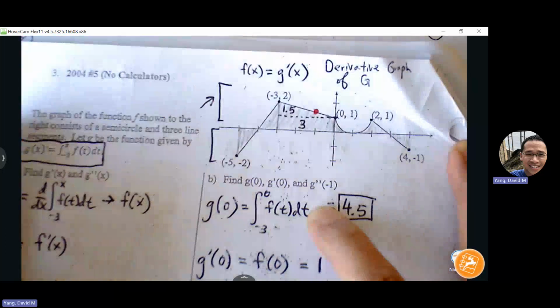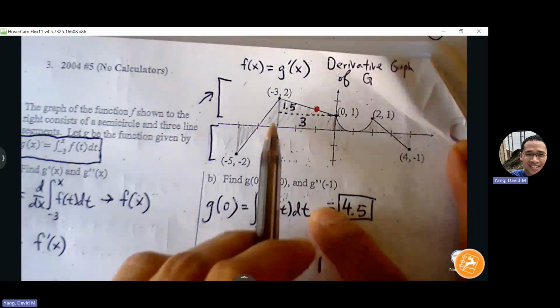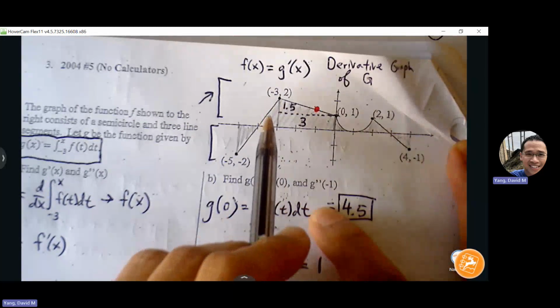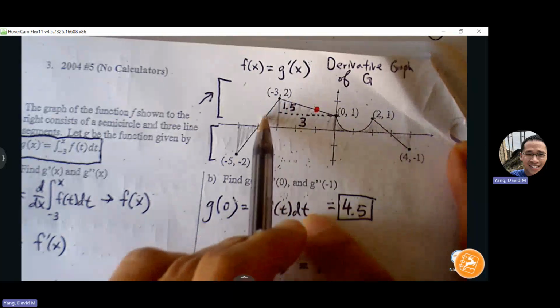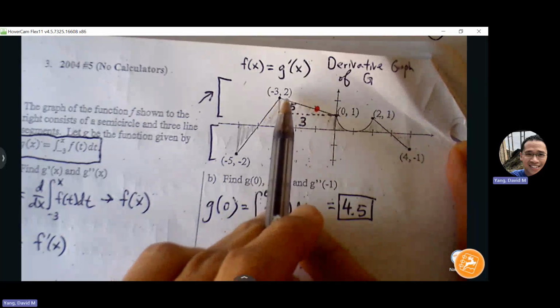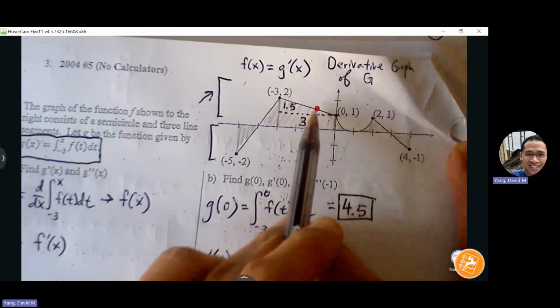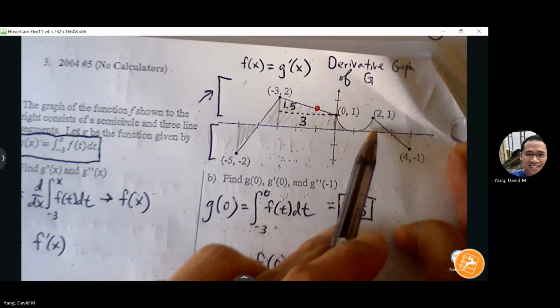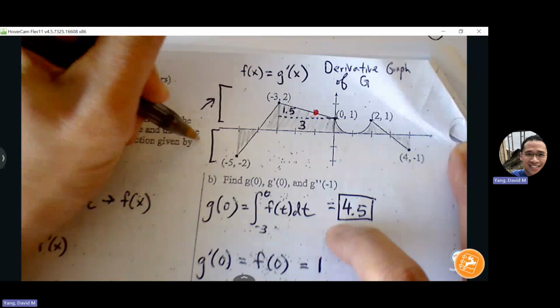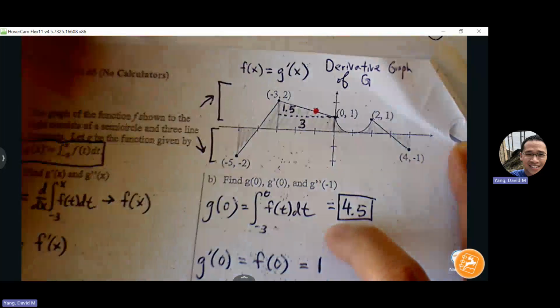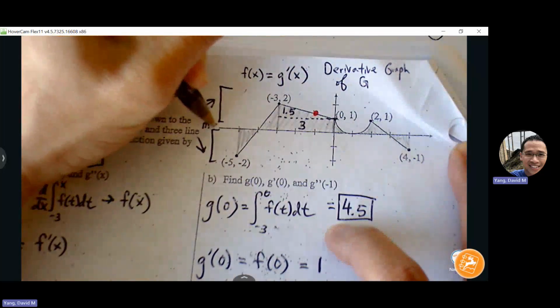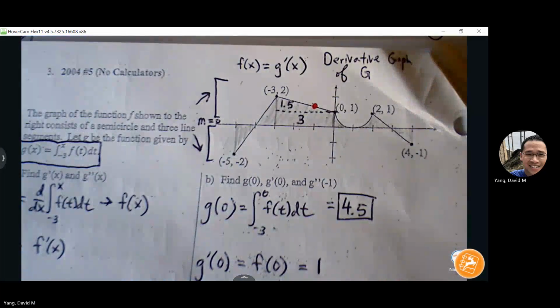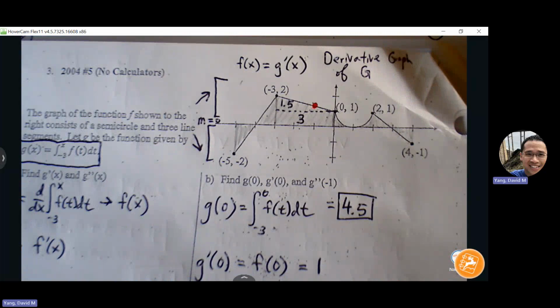So I use that arrow to indicate that, some of these may be rising and falling, but these all represent different variations of positive slope. Here, anything below the x-axis was representing negative slope. Anything on the x-axis is slope 0.